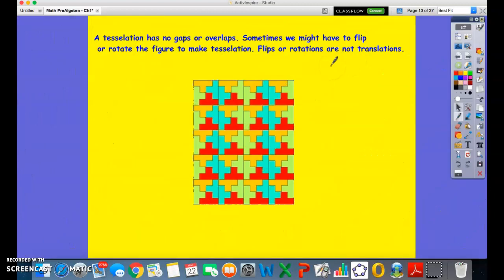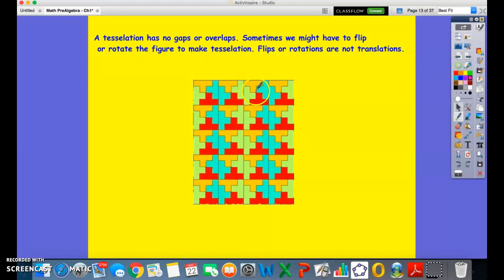Now in this section we are learning only about tessellation using translation. Always, a tessellation has no gaps or overlaps, right? And sometimes we may have to flip or rotate the figure. If you have to make the tessellation using flips or rotation, that's not a translation.